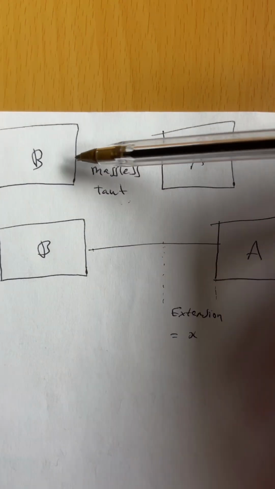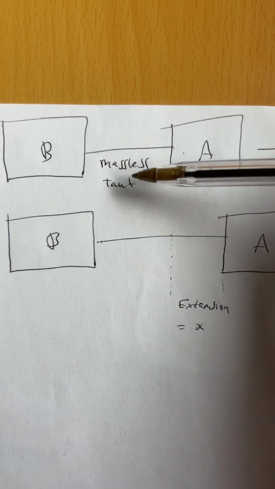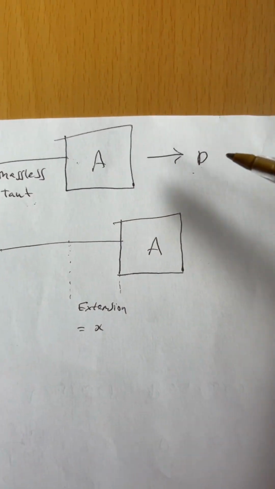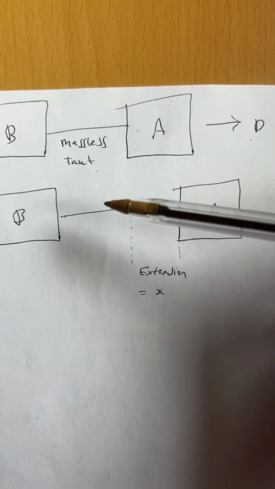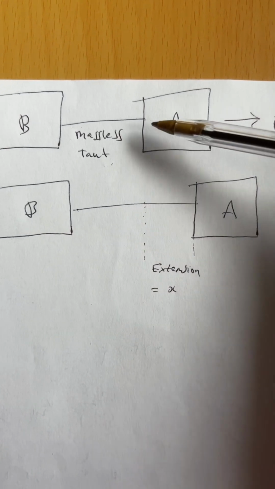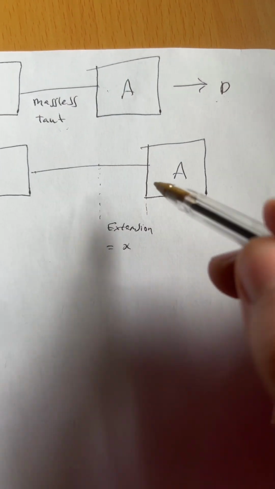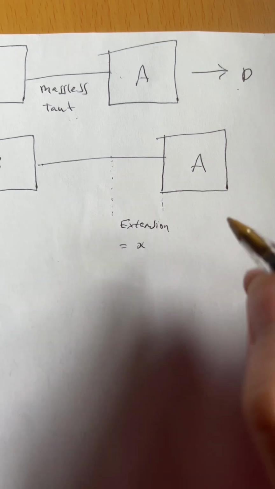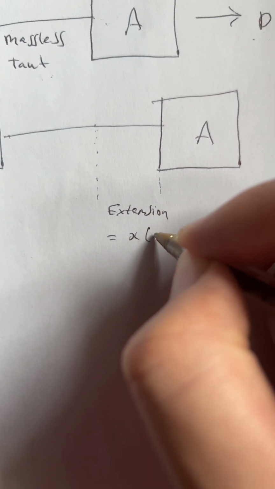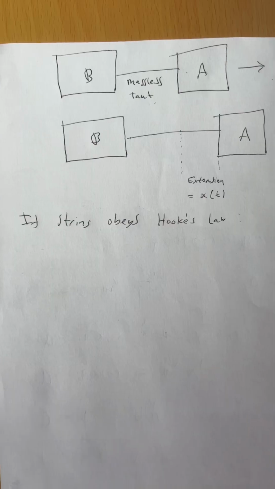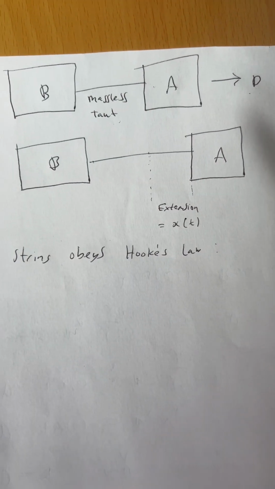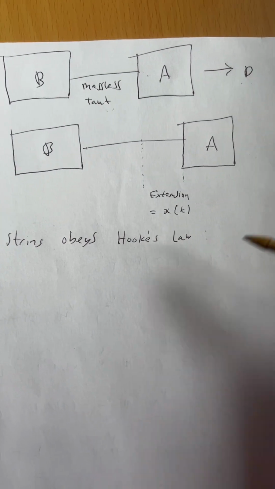Again, we'll just say that the string is massless and it's taut, so initially it is at its natural length. If we apply a constant force D, because the string is extensible, we can extend the string. We'll call that extension x, and as time goes on the extension will change, so this x is a function of time. Now, not all strings actually obey Hooke's law, but let's just say that this string does obey Hooke's law.